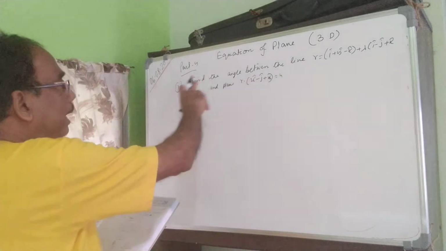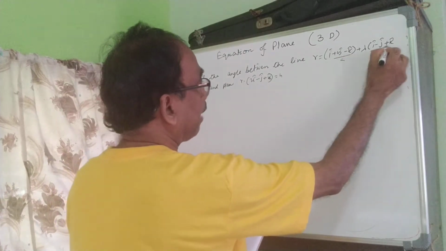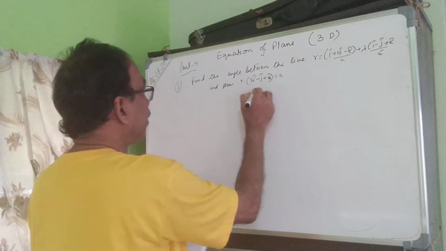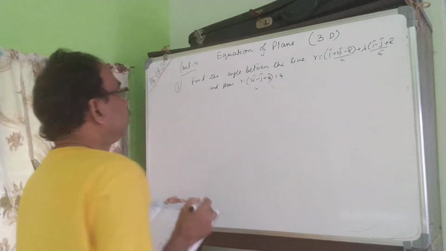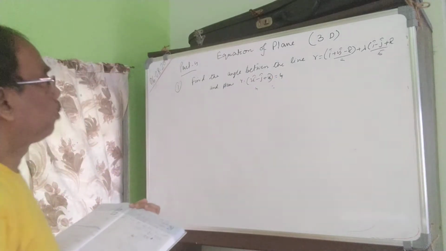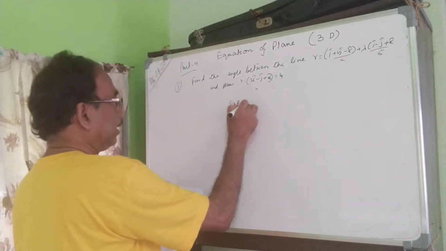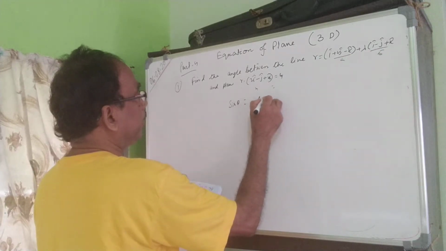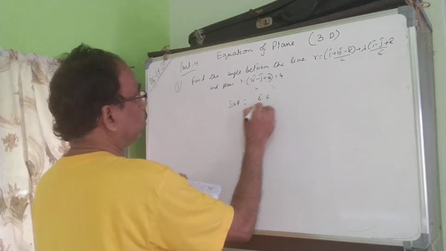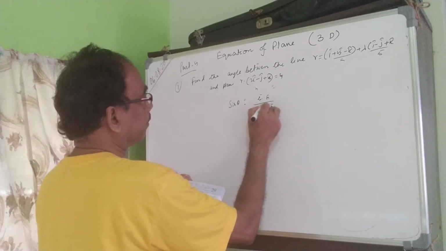Here the straight line is r equals a plus lambda b, and the plane is r dot n equals d. Here we know, just now we told you, sine theta equals b dot n over mod b into mod n.